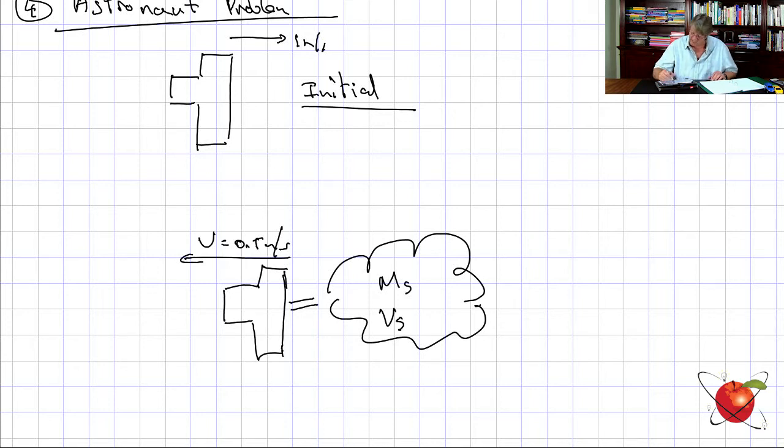Let's say the velocity of the gas was 25 meters per second. The mass of the gas we don't know. The mass of the astronaut after this is 250 kilograms. We've got the mass of gas that was spurted out.